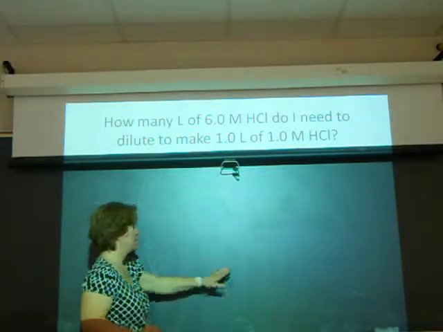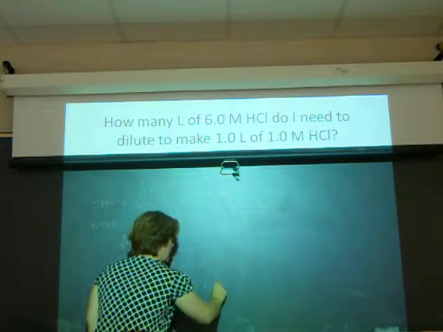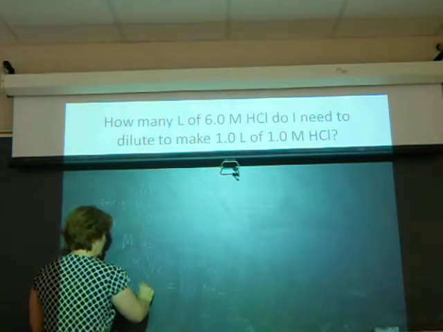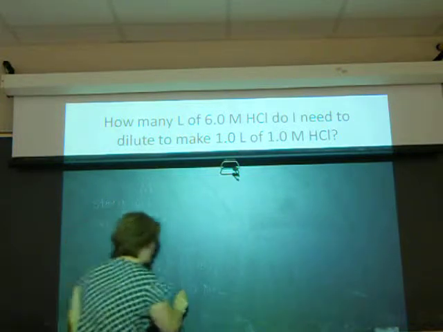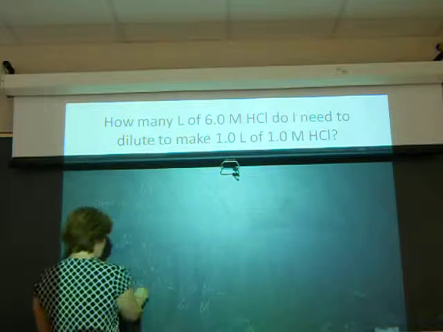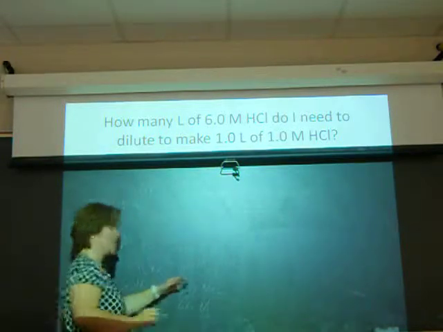Note that 1 times 1 is 1. This would be molarity times liter for my units. I'll divide both sides by 6.0 molarity. My molarities cancel, and I get that the volume equals 1 divided by 6.